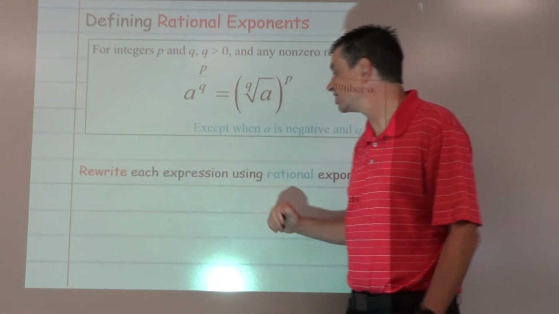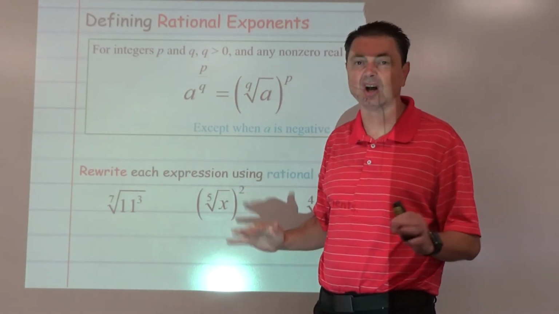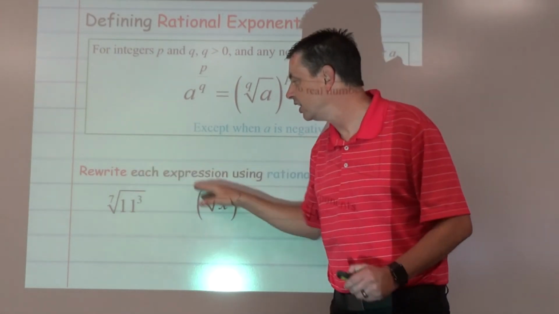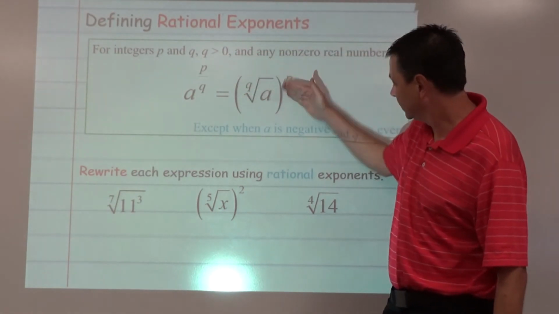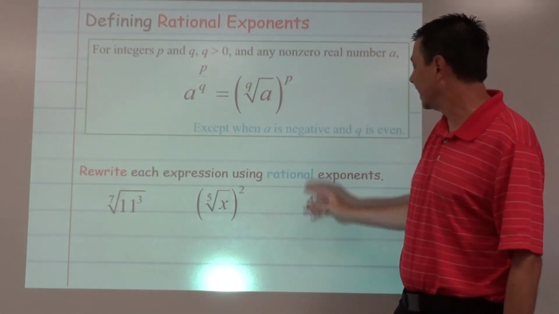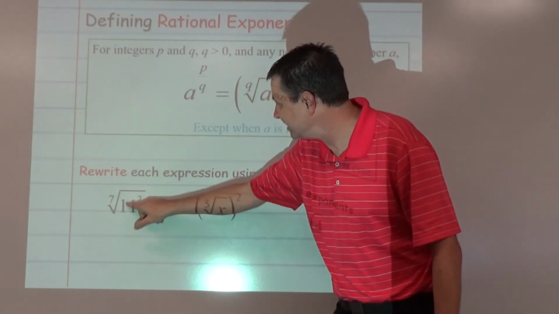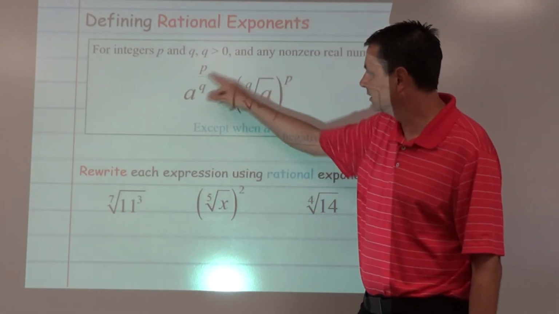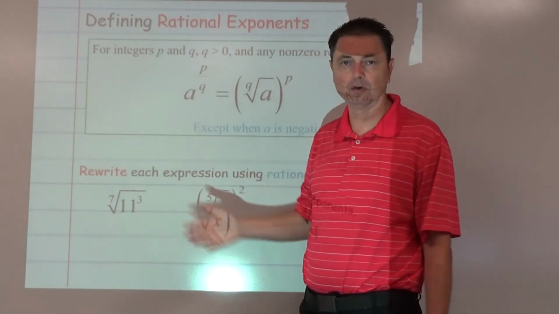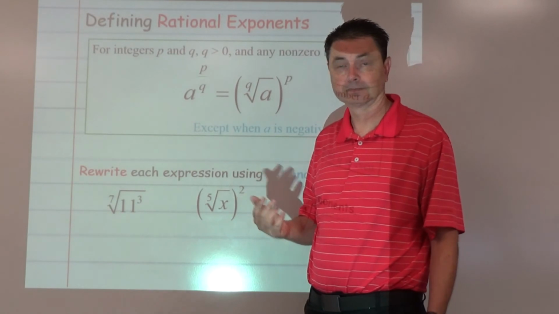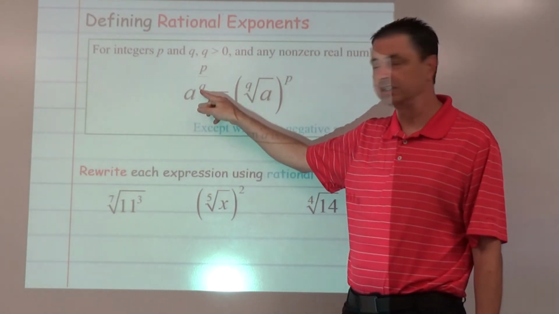So our problem here just says rewrite. That's it. You don't have to simplify. You don't have to solve. You don't have to do anything, but just rewrite from radical form into rational exponents. So here's our base a raised to the power of what over what. The index is always the denominator.